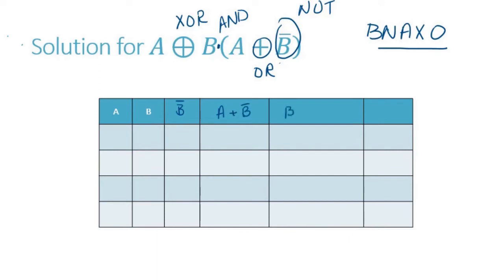So then I'll have to take B and what I just found in the previous column, A or not B. Then finally, I have A, XOR, everything in the previous column, the B, and A or not B.